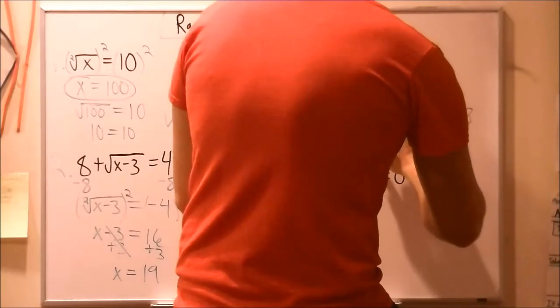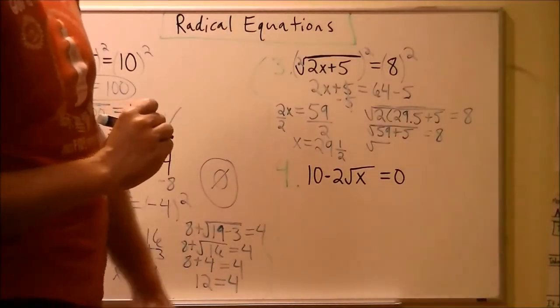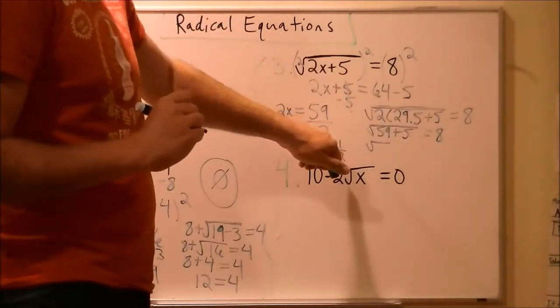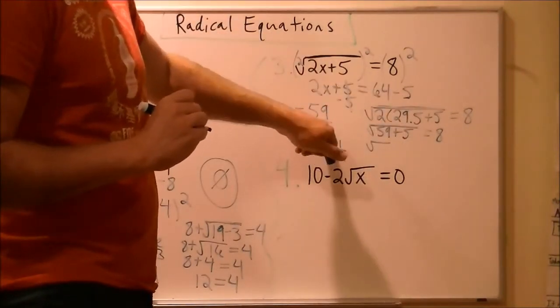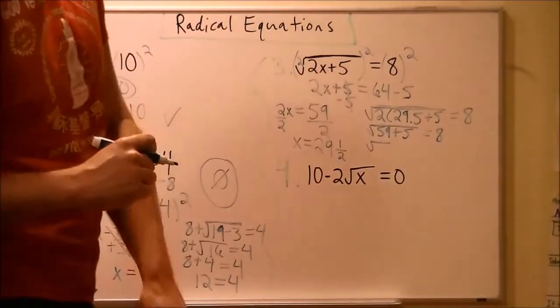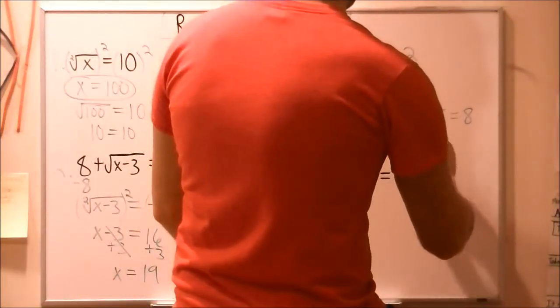Let's simplify. What is 59 plus 5? We're working back to where we were before. We subtracted 5, we divided by 2, and here we multiplied by 2 and added 5, the opposites, to get right back to 59 plus 5 is 64, equals 8.